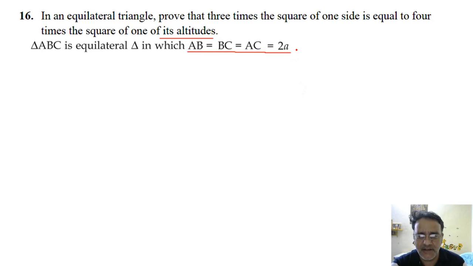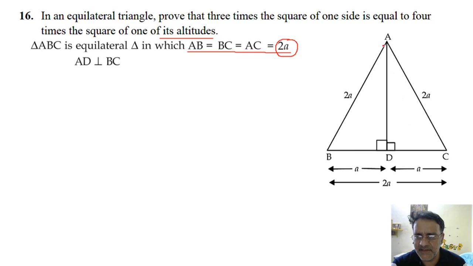One student asked me why you took 2A, why we can't take A, why we can't take 3A. So you can take A also, you can take 3A also, but in order to make our answer simple, I'm going to take 2A. See, this is the figure. AD is perpendicular to BC, and we know that the altitude of an equilateral triangle bisects the base.